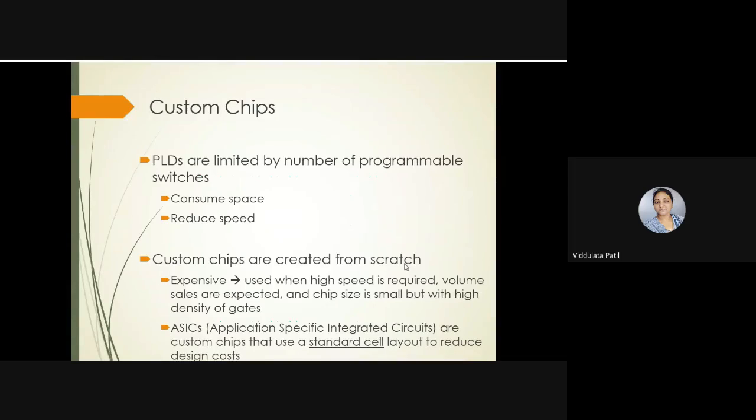Otherwise you can just use standard cells, place them on the chip and route them as per your requirement so that you can minimize the size of your chip. That is a standard cell based ASIC, which we call a CBIC, or it can again be a gate array based ASIC.